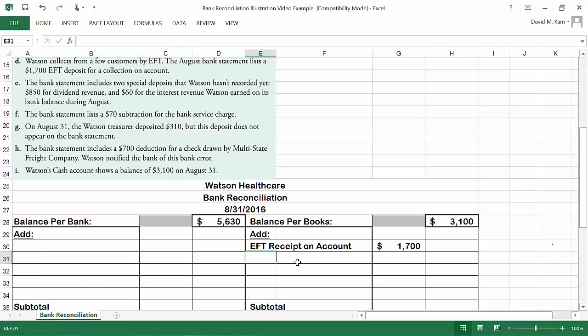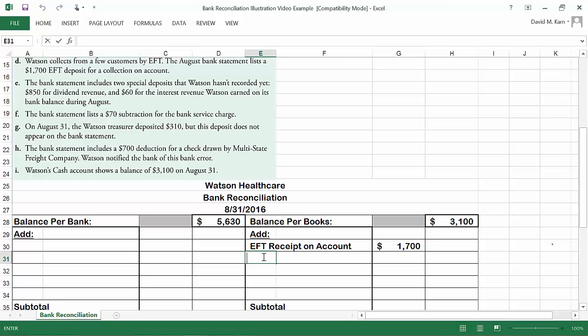Okay, then we also go to E here. It says the bank statement includes two special deposits that Watson hasn't recorded yet, $850 for dividend revenue and $60 for interest revenue Watson earned on its bank balance during August. Again, these are on the bank statement, so the bank knows about them. Watson does not, so it must be added on the book side.